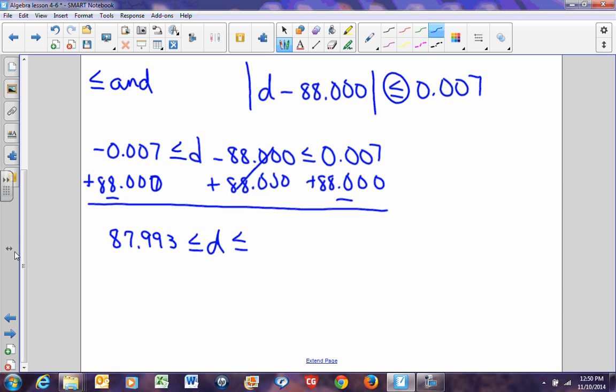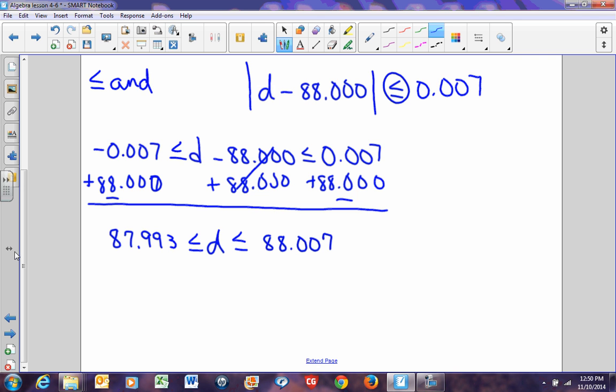And if I take 88 and add 0.007 to it, I get 88.007. So the actual diameter can be greater than or equal to 87.993 millimeters, but less than or equal to 88.007 millimeters.